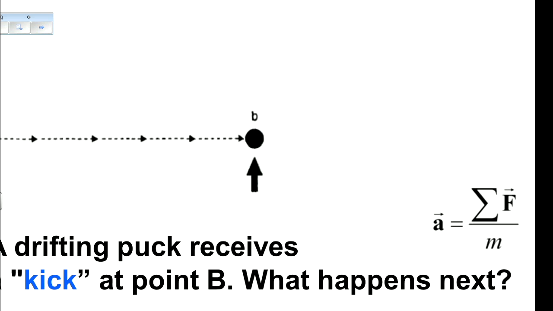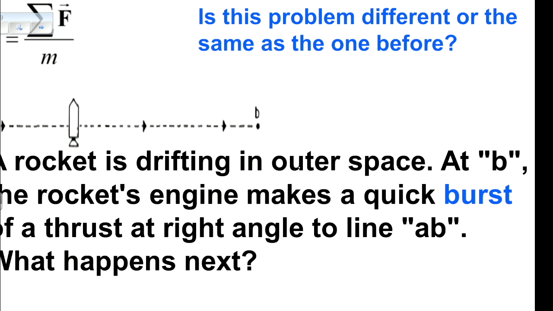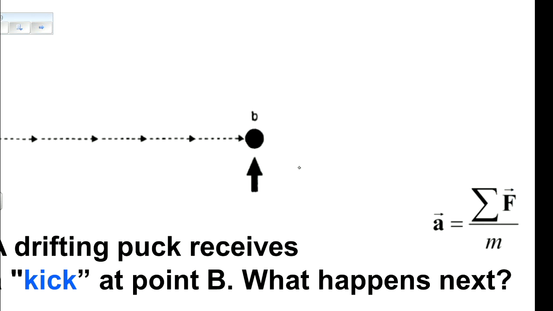Kicks. What does it mean? It's a force which has been acting over a very short time. That's it. If the force was acting, hence acceleration is not 0. So velocity has to change.